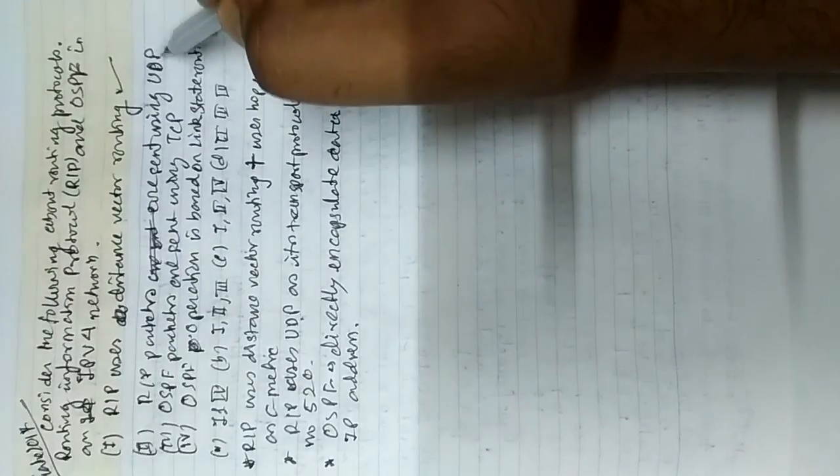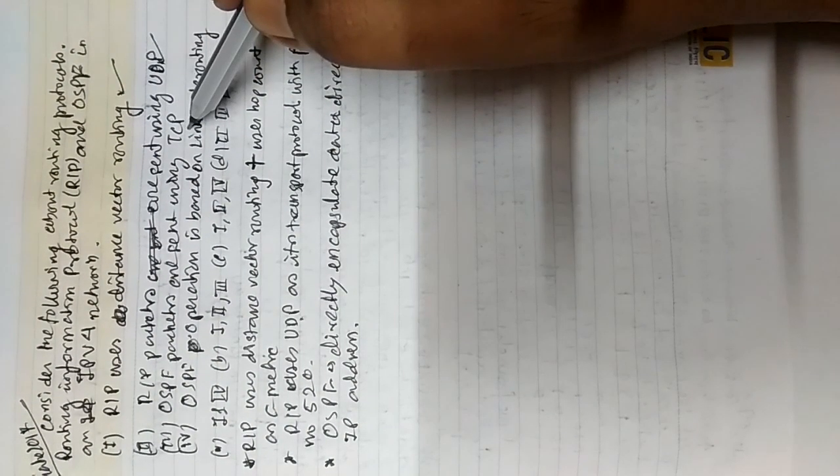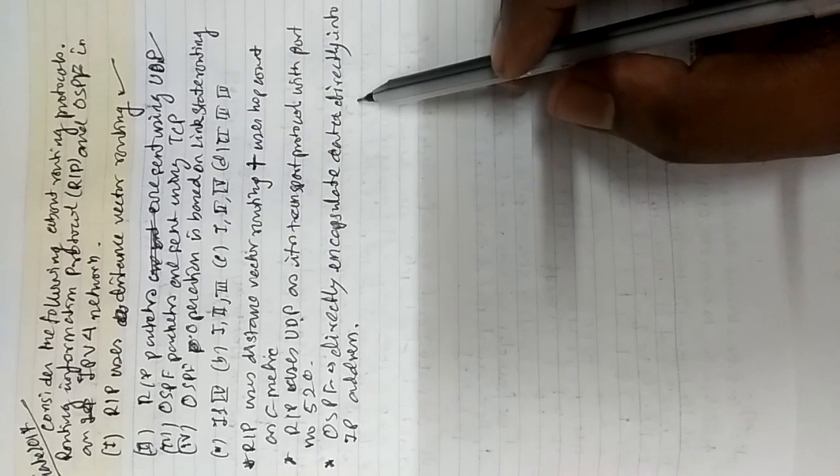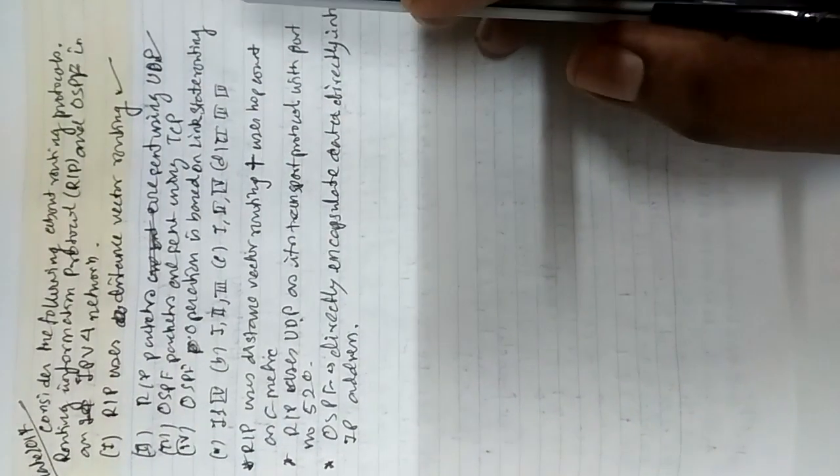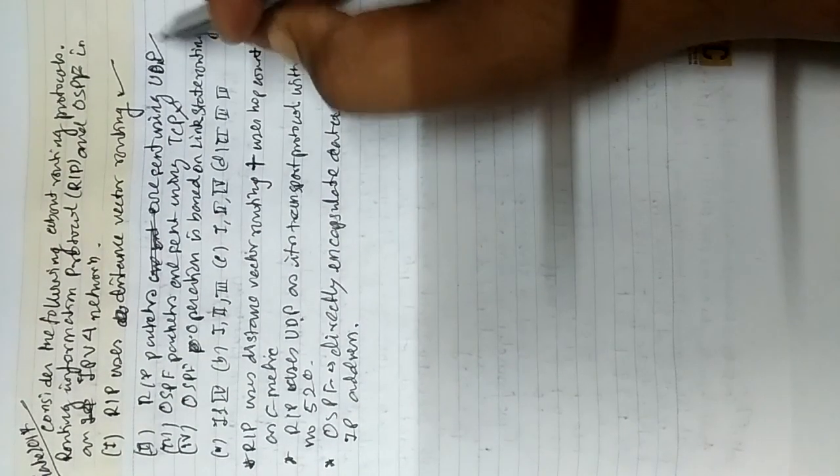RIP packets are sent using UDP, so according to this, this is also correct. OSPF packets are sent using TCP, but another option is OSPF operation is based on link state routing. Among these, this is wrong, and this is correct. So 1, 2 and 4, that is option C is correct. Okay, so this is correct.